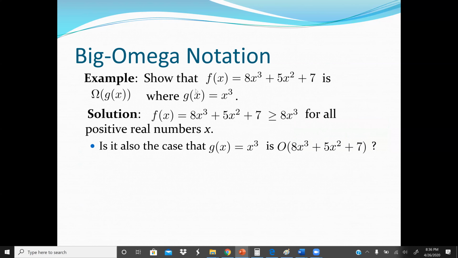So we should show that f at x equal to x cubed plus 5x squared plus 7 is big omega g at x, where g at x is x cubed.